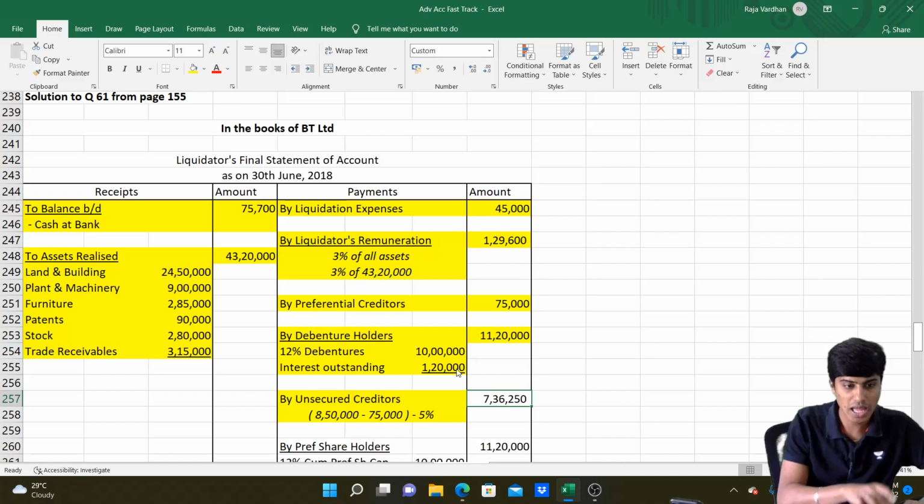After that we'll pay equity shareholders. Oh, for preference shareholders, arrears of preference dividend are also there, for 1 year. The rate of dividend is 12% on 10 lakh rupees. So 10 lakh into 12% comes to 1 lakh 20,000.